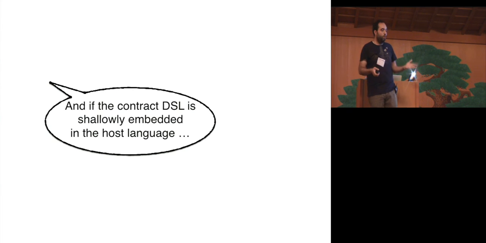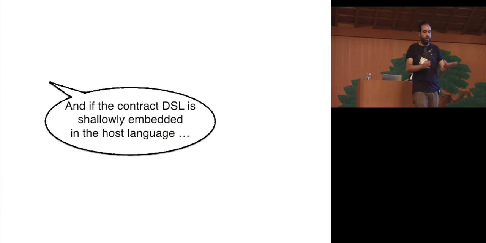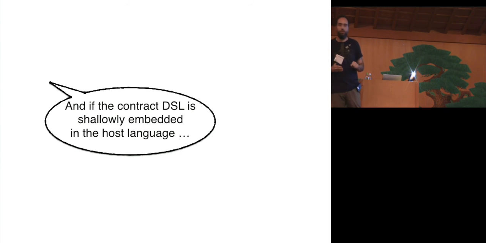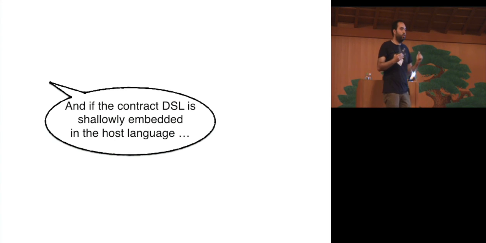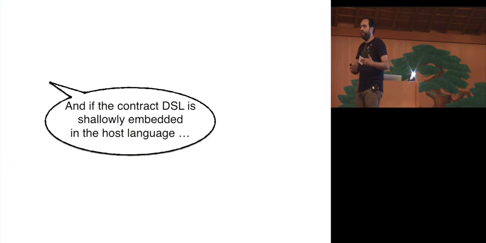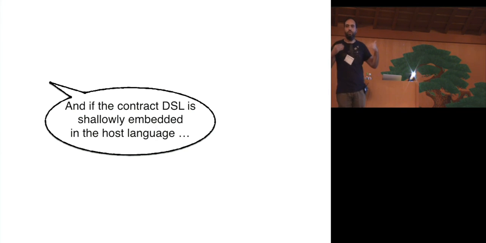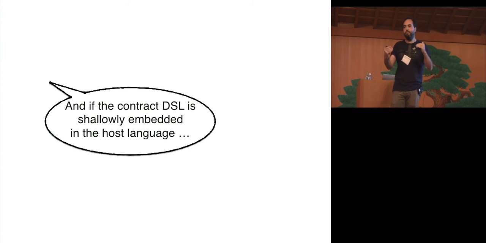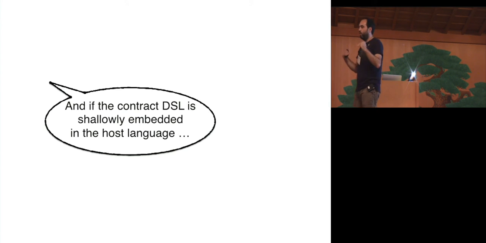Okay, and there is also another orthogonal idea that comes into this contract DSL piece of a contract system. If our contract DSL is not just a set of combinators separate from the host language, separate from the language that we use to write the rest of the program, but the contract DSL is embedded shallowly inside our host language, then we get extra goodies.